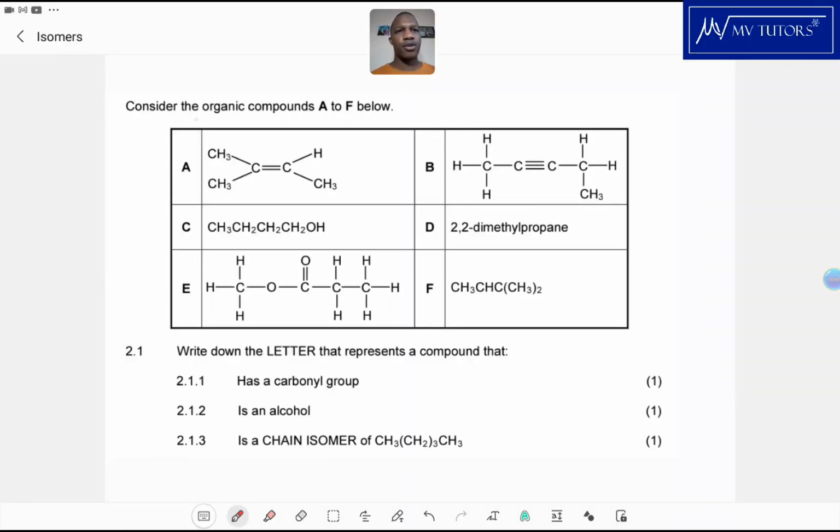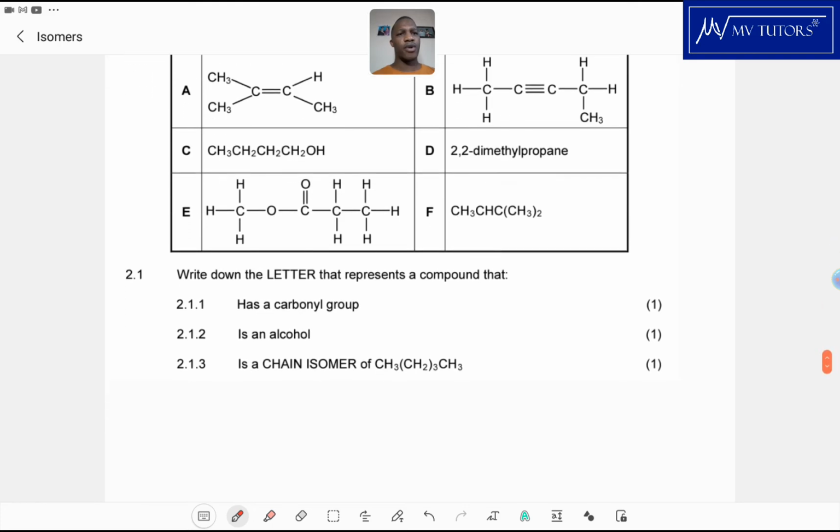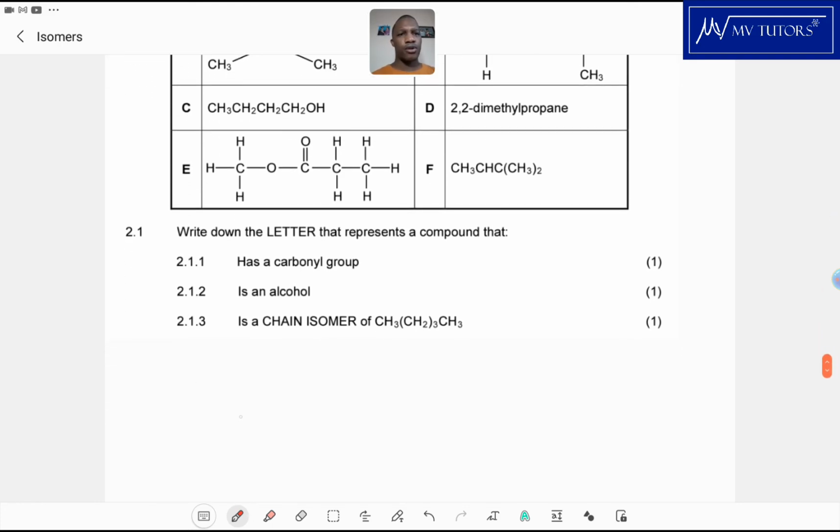Now this one says consider the organic compounds A to F. All right. Question says write down the letter that represents a compound that has a carbonyl group. Okay, so what's a carbonyl group? We know a carbonyl group is a group like this, C=O group.